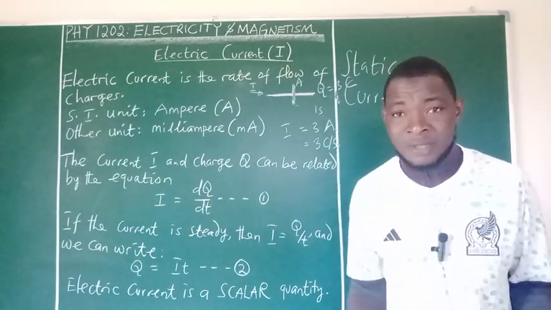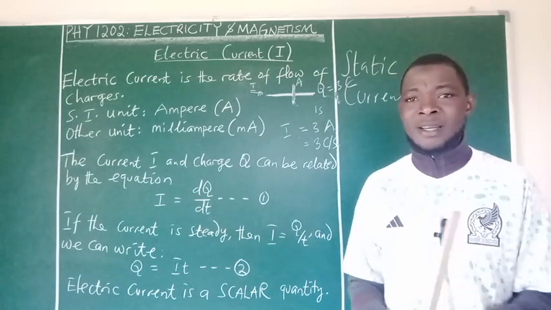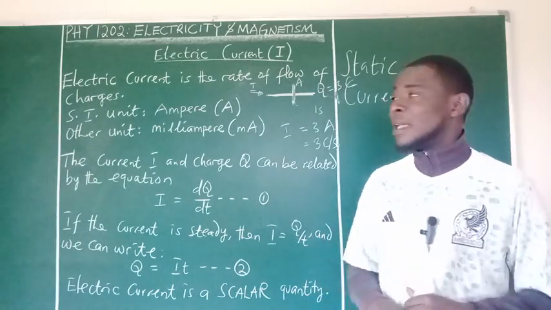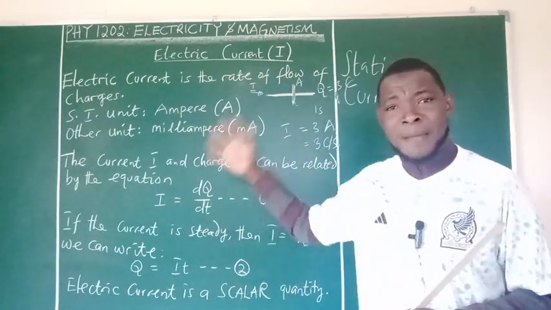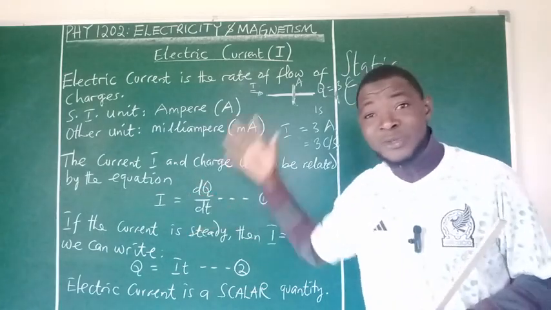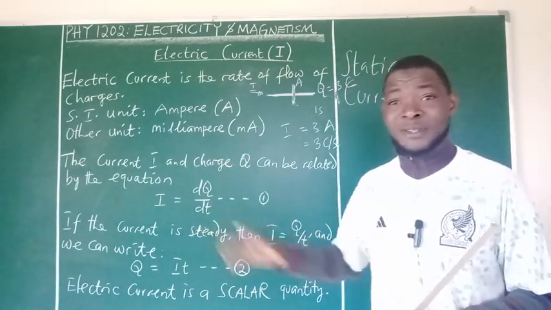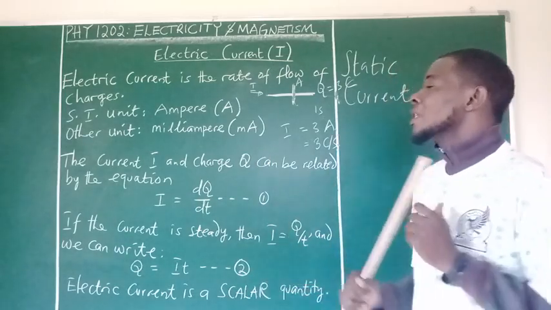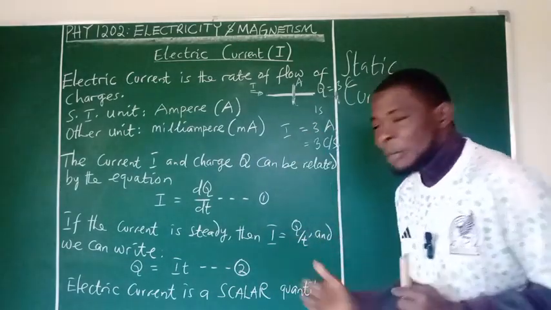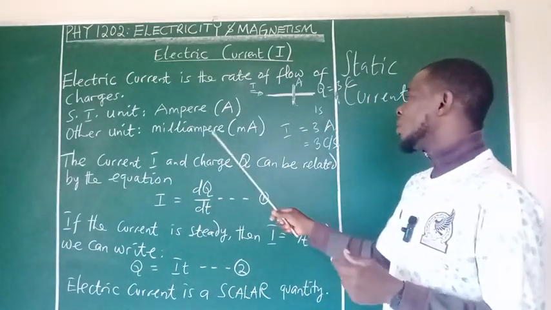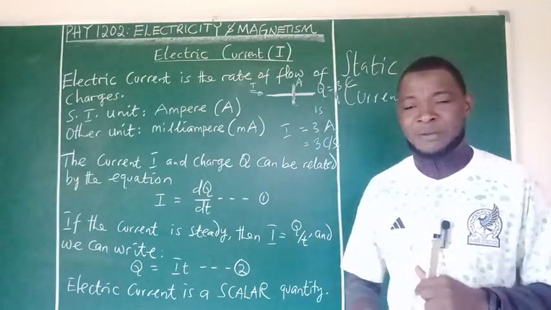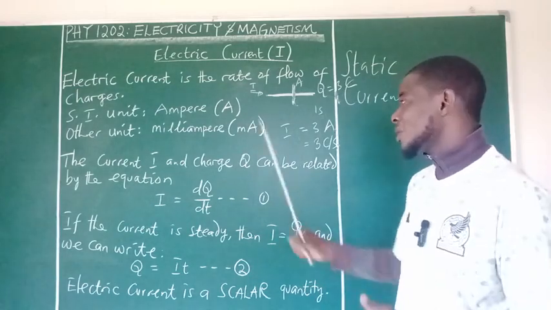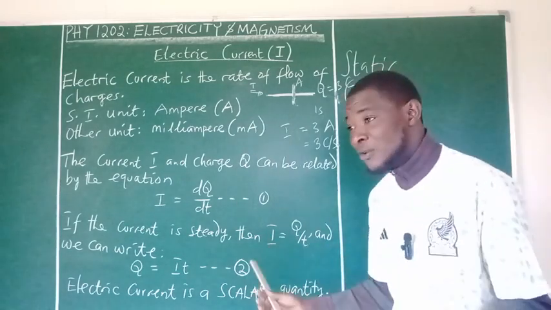Computers, our phones, our chargers, some of them have materials in them for which 1 ampere of electric current is too much. They cannot withstand it without getting damaged. So for that, we adopt smaller units that we call milliampere. Of course, we have much smaller ones, but this one is more common in electronics. You can have microampere as well.